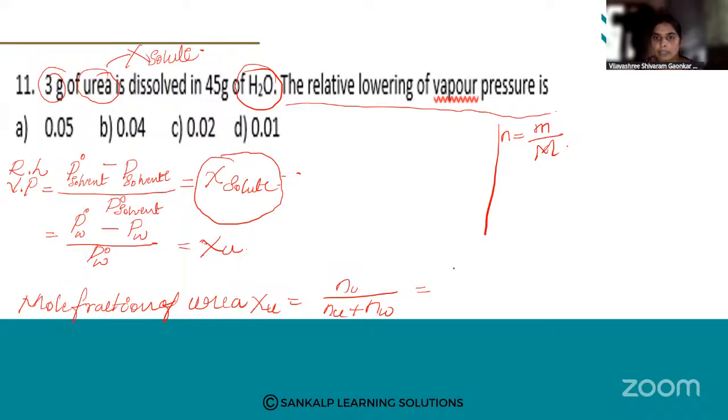So Nu can be written as mass of urea divided by molar mass of urea, capital M refers to molar mass, divided by small mu divided by capital Mu plus small mw. Small mw means given mass of water divided by capital MW. Capital MW means molar mass of water.